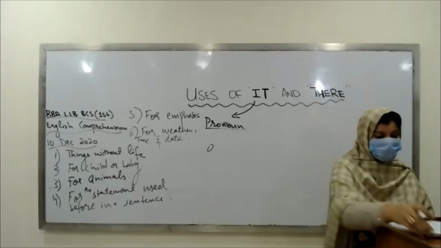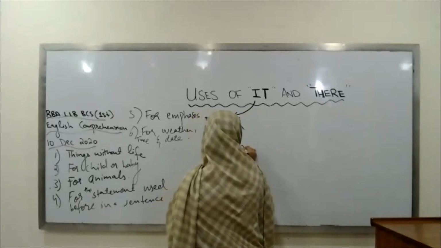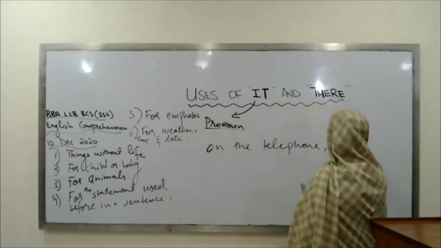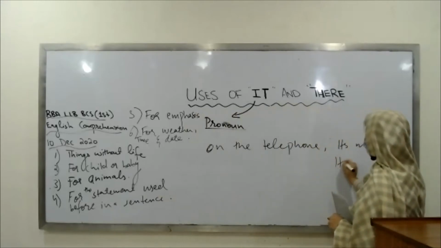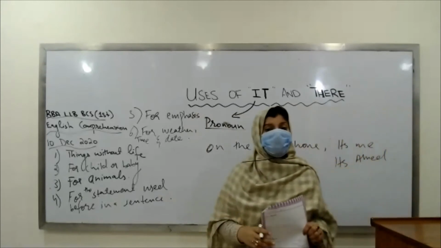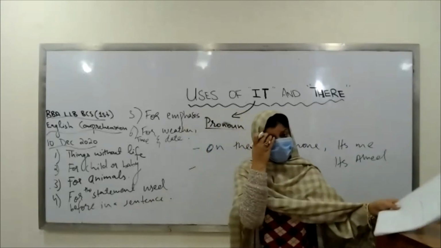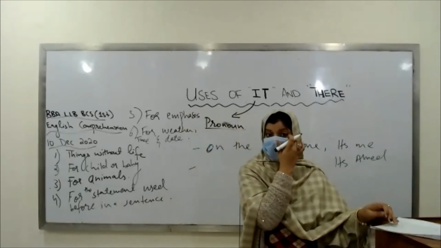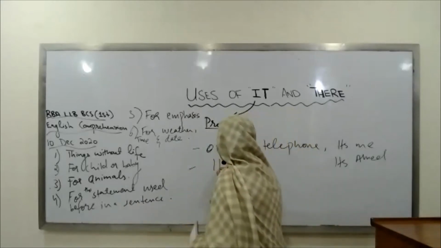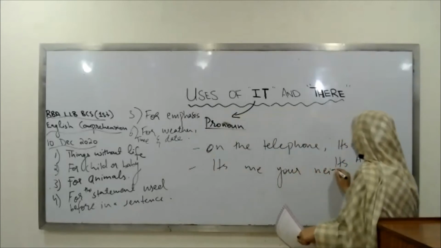So while talking to someone, it's me, it's Ahmed, and when someone is knocking on door, if you ask who is there, so at that time even if you are not seeing that one, अगर आप उसको देख नहीं रहे लेकिन आवाज आप दे रहे हैं या आवाज आप सुन रहे हैं, तो other person will say it's me, your neighbor.